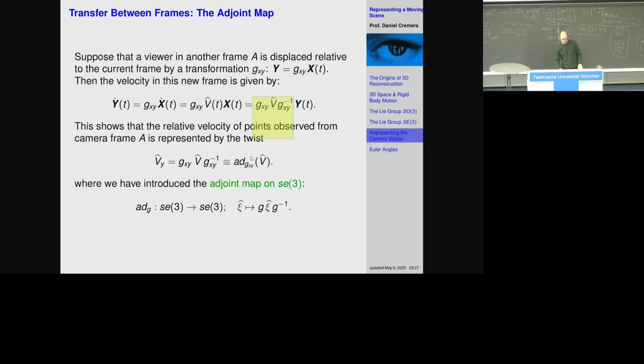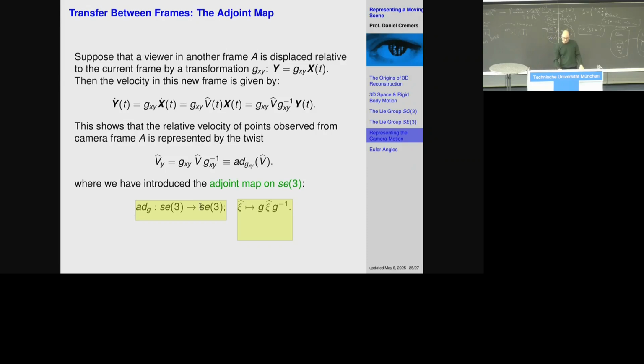This transformation, where you multiply the twist matrix from left and right with g and g inverse, is called the adjoint map. It's a map where you take a twist matrix from the Lie algebra and transform it to a different twist matrix by multiplying with the group element G and G inverse from either side. It pops up in some calculations if you consider different coordinate systems, and you want to know what is the observed velocity for this observer relative to the velocity that the other observer observes.